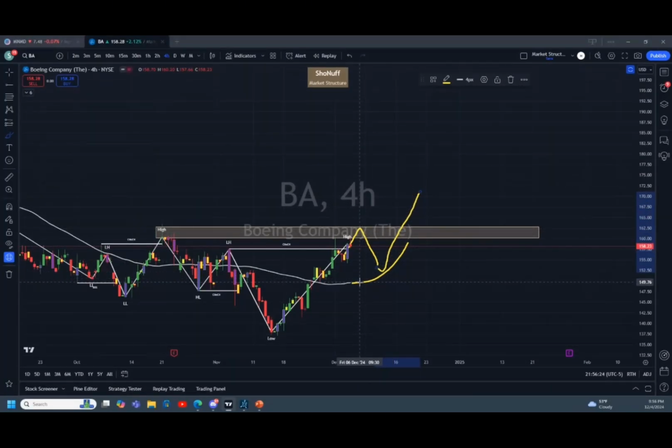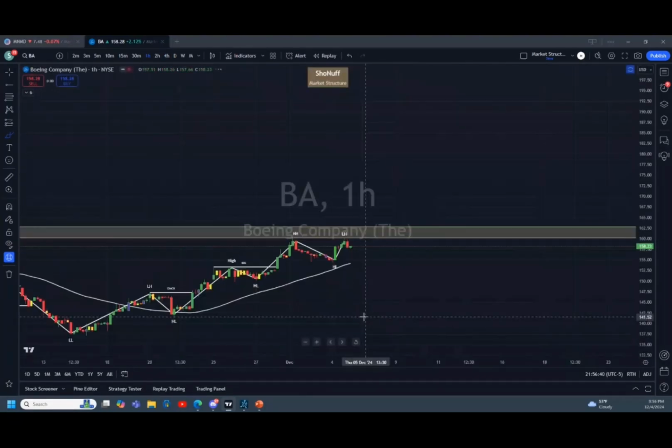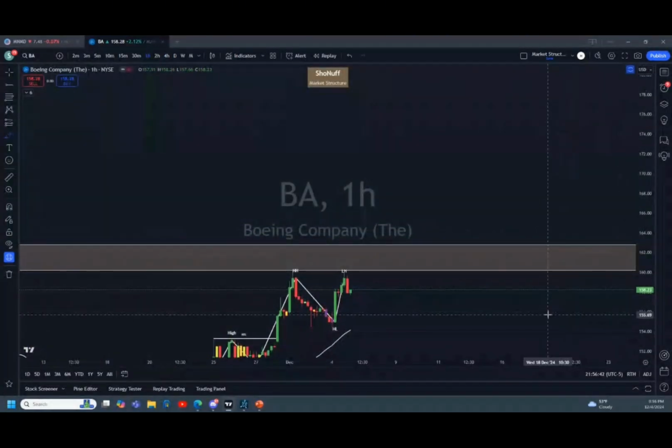If it shows me that, you will have your inverse head and shoulders. However, there's a possibility to get in sooner. Just drop down to your hourly, which it's been doing.